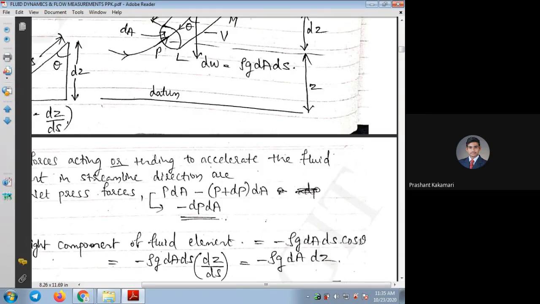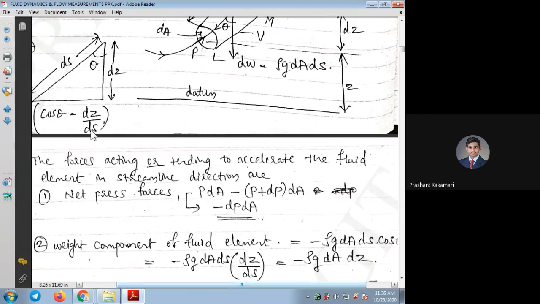It is acting in a tangential line, in the streamline of the flow. So that component of the weight is rho g dA ds cos theta, which is acting downside. That's why I have taken the negative sign. Is that clear? Now, from analyzing that triangle with respect to theta, ds and dz, I can also write cos theta as dz by ds. So you have seen here in this sketch, dz by ds is the cos theta value.